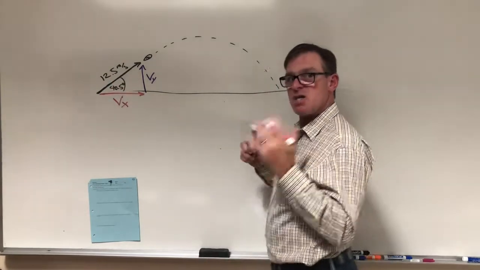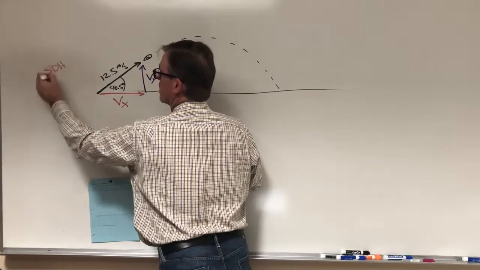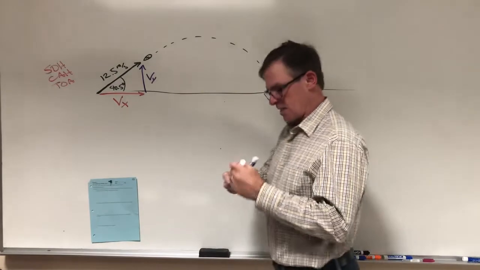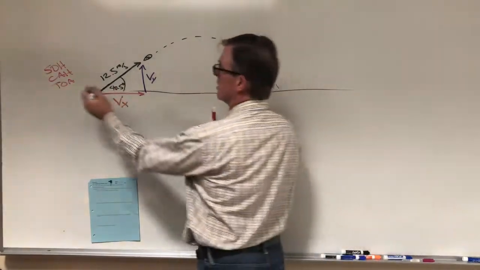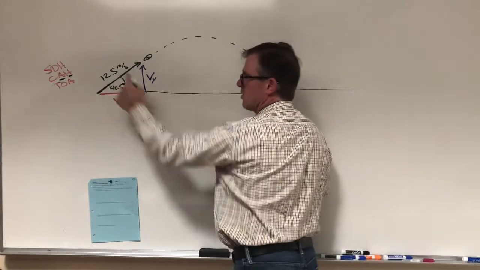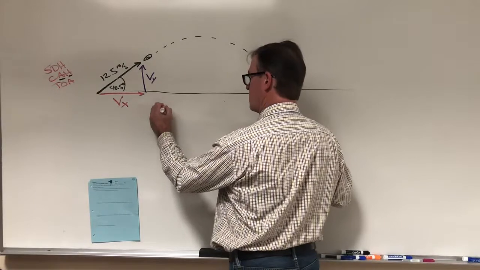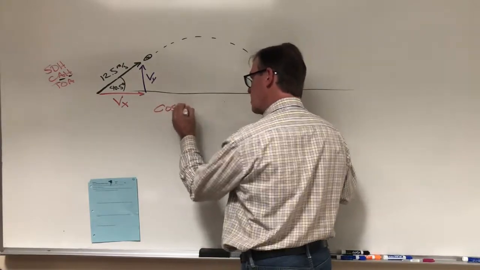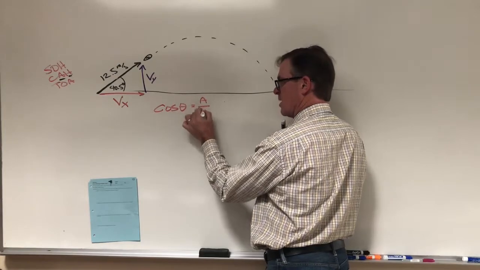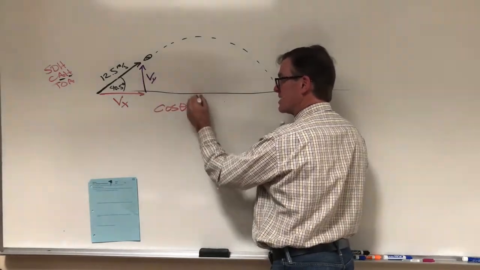So because it is the adjacent and the hypotenuse that we know something about, or we want the adjacent and we know the hypotenuse, for the x component, we're going to use cosine. The cosine of any angle is the adjacent over the hypotenuse. But in this triangle, the adjacent side is Vx.